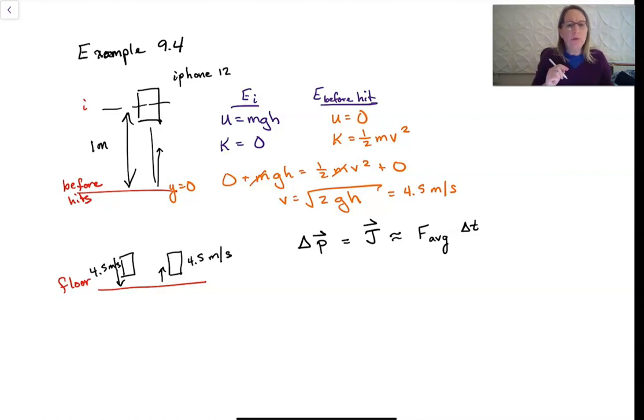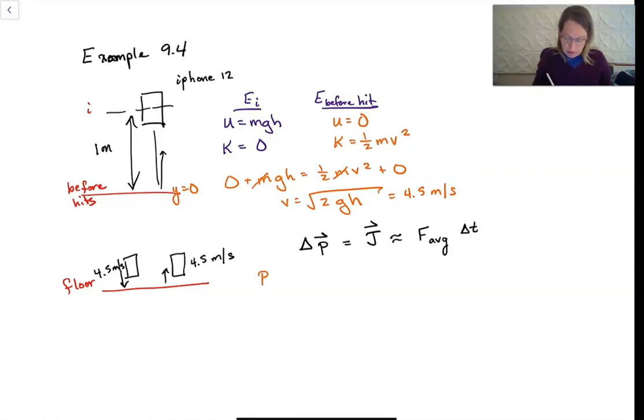Some people will say, well, it must be 0 because the speed going in is 4.5 and the speed going out is 4.5. But you have to be careful because momentum is a vector, and momentum initial is m, I'm going to have to know the mass of the iPhone, times the speed, 4.5 meters per second, in the minus j hat direction. That's the initial.